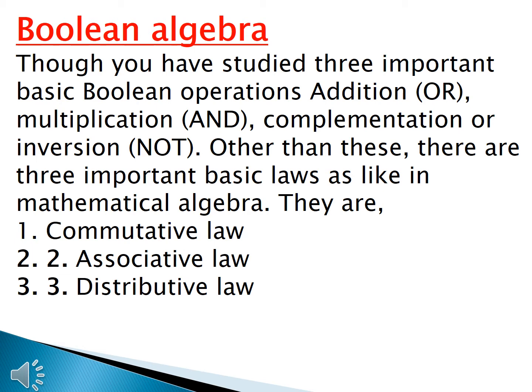The laws of Boolean algebra are the commutative law, the associative law and the distributive law. What are the types of law? Commutative law, associative law and distributive law. Now we are going to discuss the first law, commutative law.